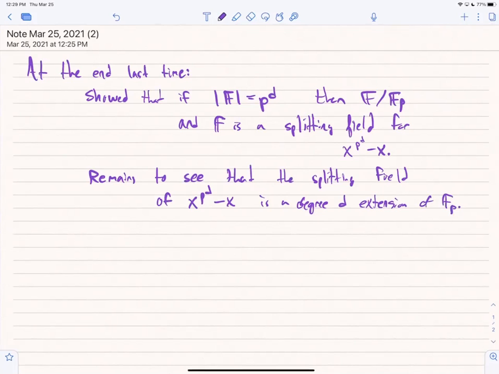We need to show this splitting field actually is a degree d extension. That will give us existence of a field of order p to the d. And what do we know? Well, we know that a splitting field for this polynomial exists.